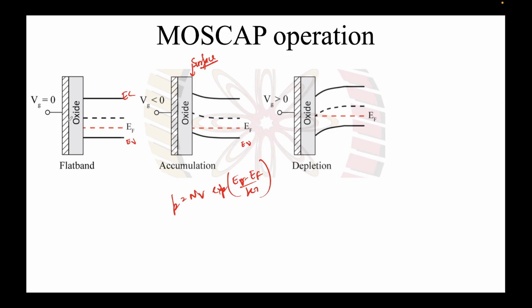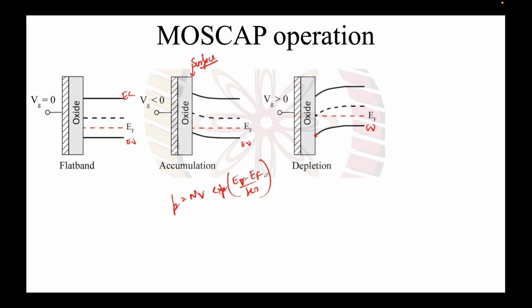However, if you apply a positive bias on this, you will repel away the holes, right? If the holes are repelled away, the bands will bend in a different direction as compared to this. At the surface itself, again, EV minus EF is more than in the bulk, right?